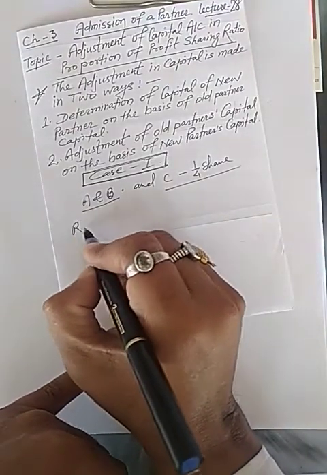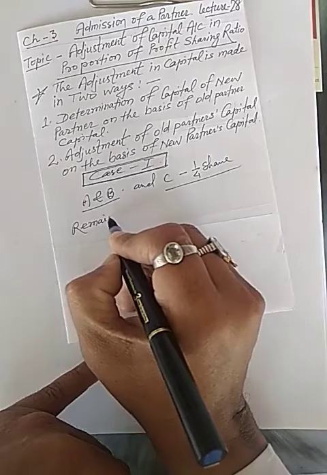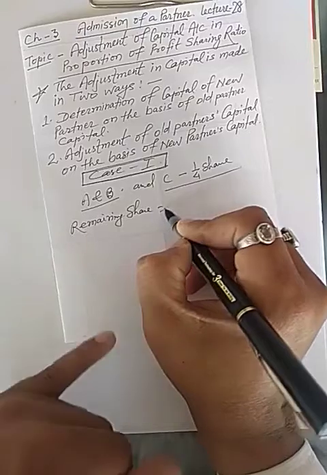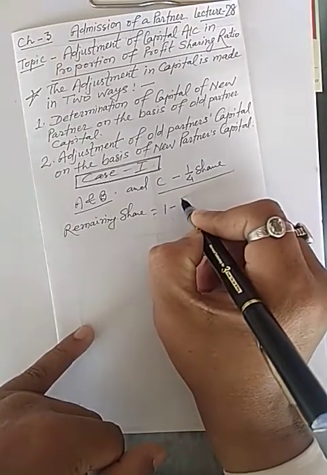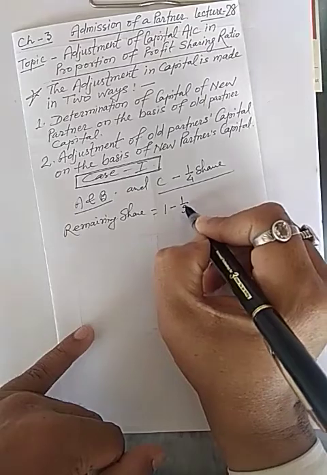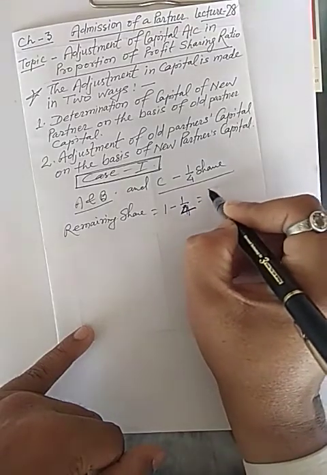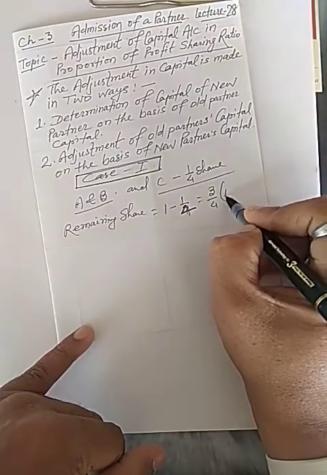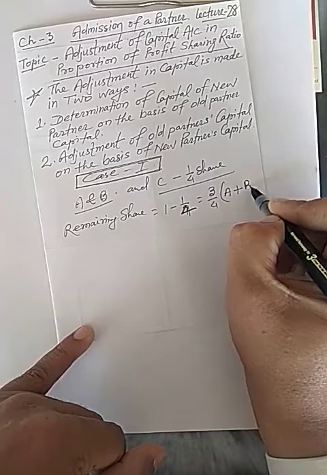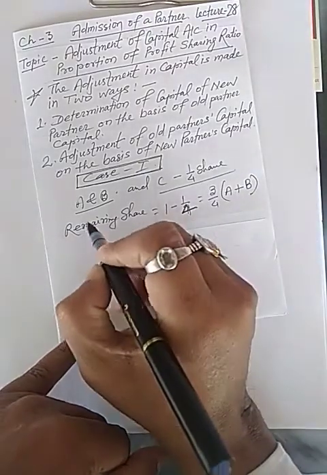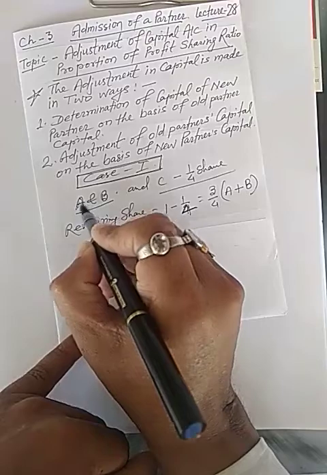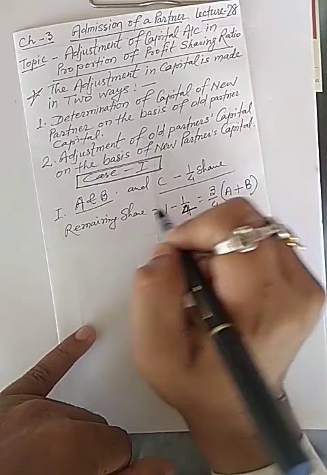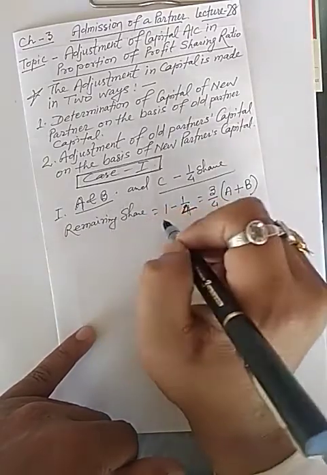Then remaining share will be 1 minus 1/4. It will be 3/4 for remaining partner A plus B. And suppose this is first step for calculation of adjustment of capital.